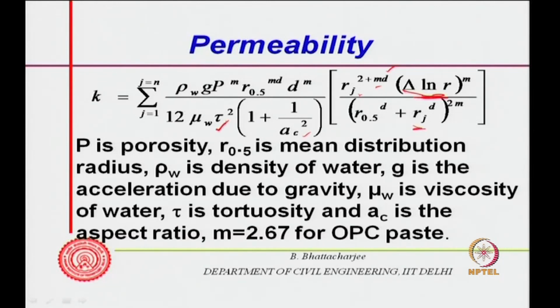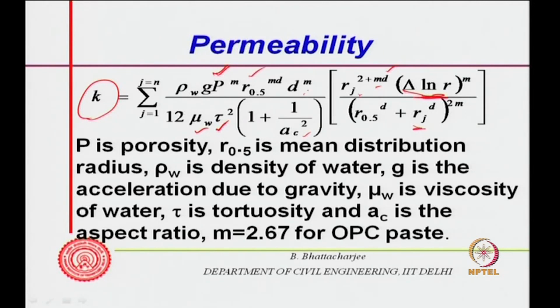So, this can be determined for some of the materials, some are available, but I am not interested in how to estimate K from all these factors right now. Mu is the viscosity of water. Now, this can be determined from Power's model, as we have seen earlier.